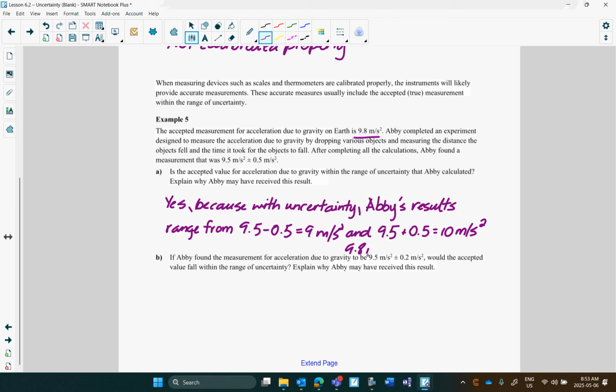And 9.8 meters per second squared falls in this range. That would be the explanation.